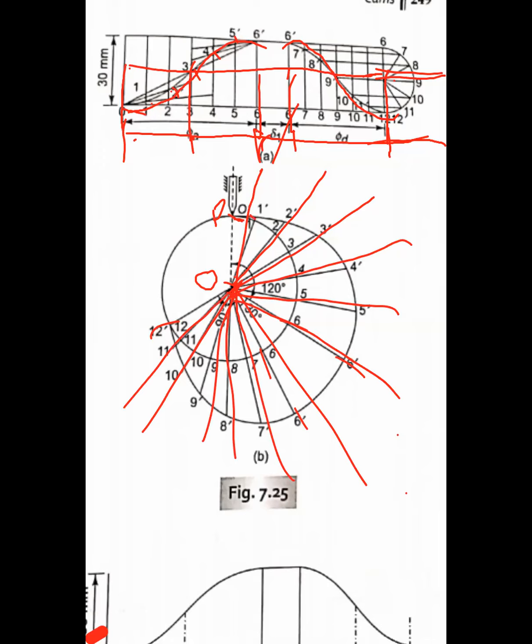Similarly 2b, 3c, 4d, 5e, 6f, and 6g, 7h, 8i, 9k, 10l. That is the way.